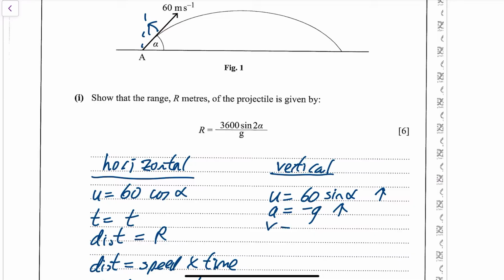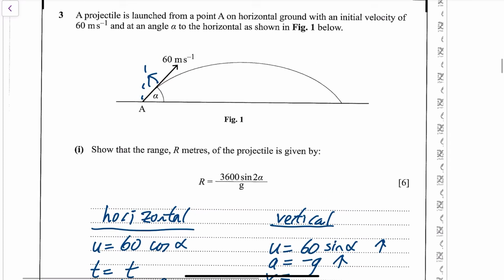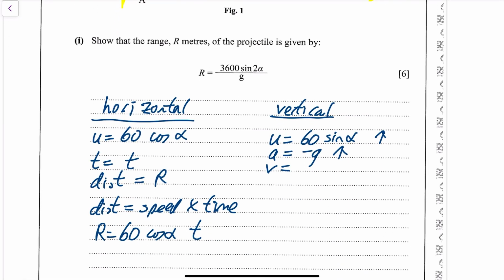My velocity at the end, when I get back down here, because of the symmetry, if it's going upwards with a speed of 60 sine alpha, it's going downwards also with a speed of 60 sine alpha. But as a vector, that's minus 60 sine alpha upwards. So I've got all my arrows going the same way. My t, I'm looking to find.